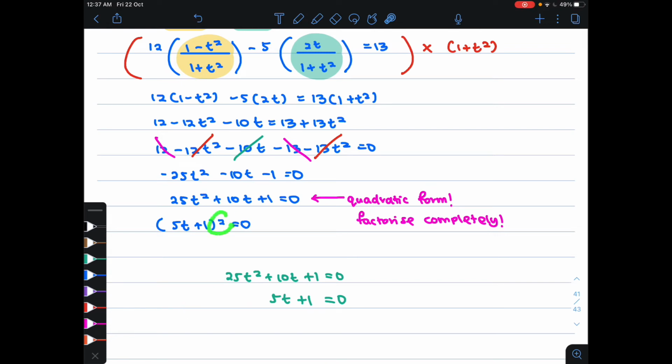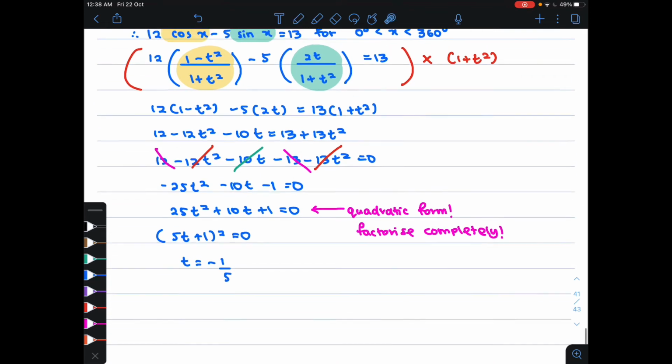So it is compulsory for you to write this square here. Because if you expand 5t plus 1 square, you'll get 25t square plus 10t plus 1 back, and this shows that they are the same. Therefore, you can see that t is negative 1 over 5.